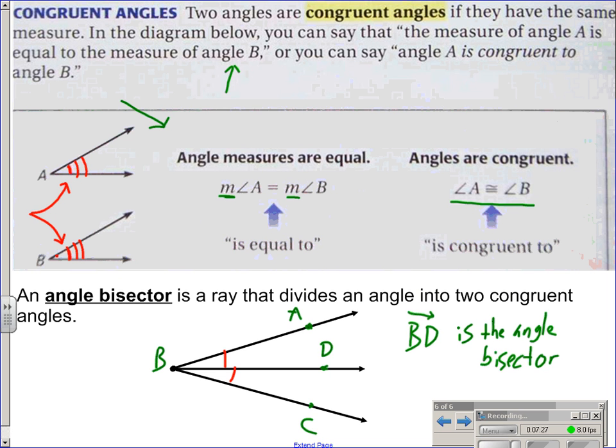If it's an angle bisector, it's cutting an angle in half. So, in this drawing here, as it says in green, ray BD is the angle bisector. It is taking angle ABC, this whole angle here, and it is cutting it into 2 equal parts. It's cutting it in half.